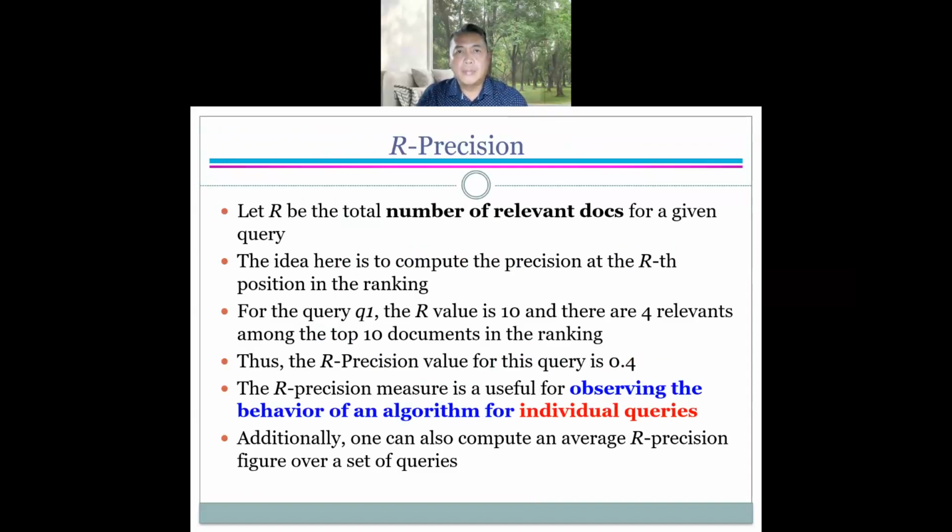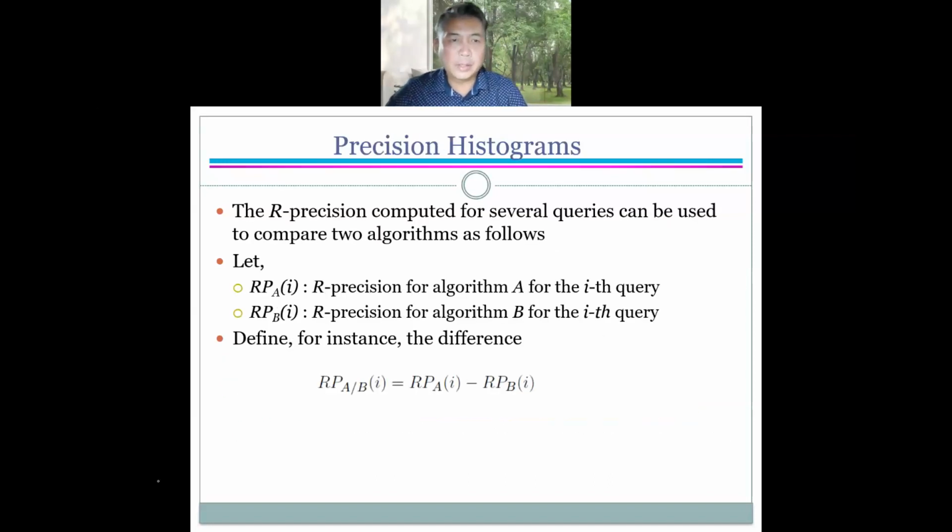So we also have R precision. The R precision is based on the total number of relevant documents for a given query. So we are looking at the formula here. The R precision computed for several queries can be used to compare two algorithms.